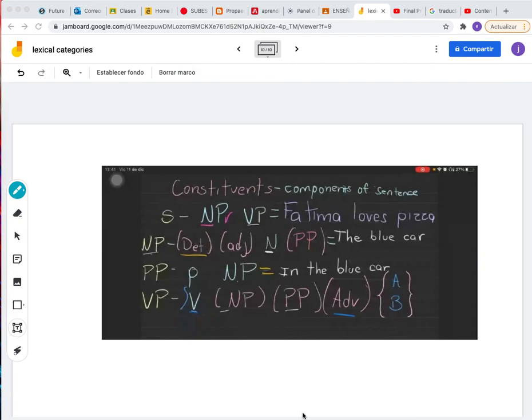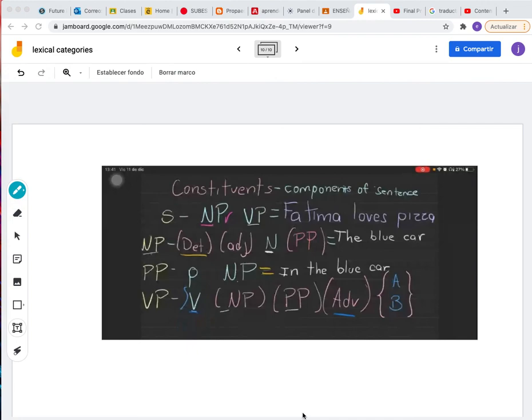We are going to learn syntax analysis. So first, we are going to identify some elements that we can find in a sentence. Constituents are components of a sentence. The first constituent is S, the letter S, which means sentence.